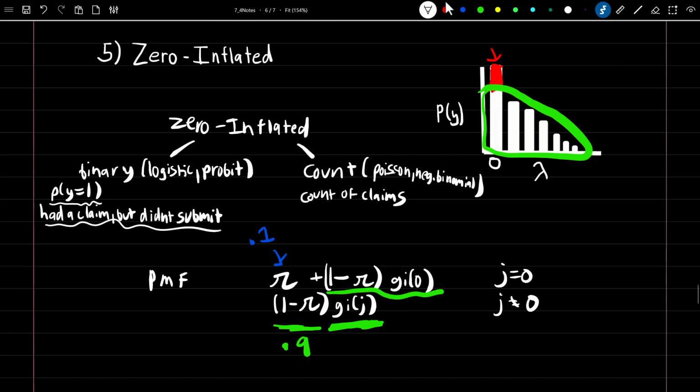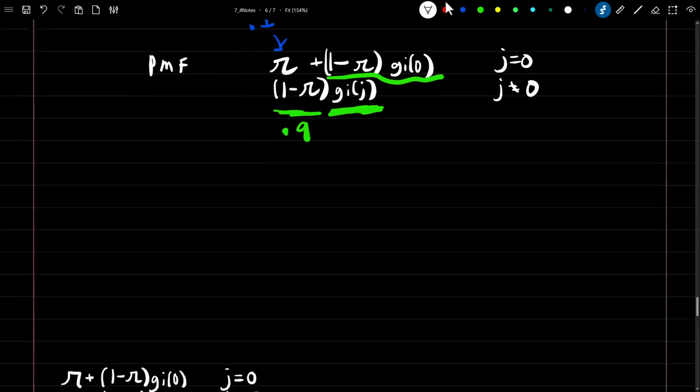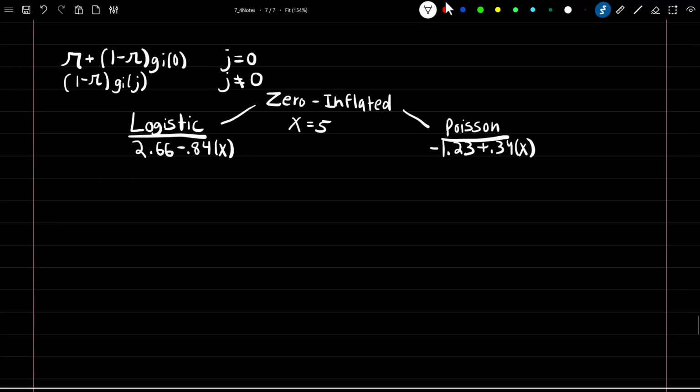So now let's do an example. So let's say we ran a zero-inflated model where we used logistic regression to measure whether or not we had a claim and chose not to submit it, and we used Poisson regression to measure the number of claim counts. So with logistic regression, the parameter estimates we got was 2.66 minus 0.84x.